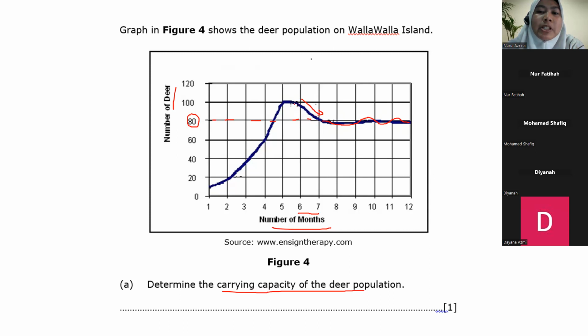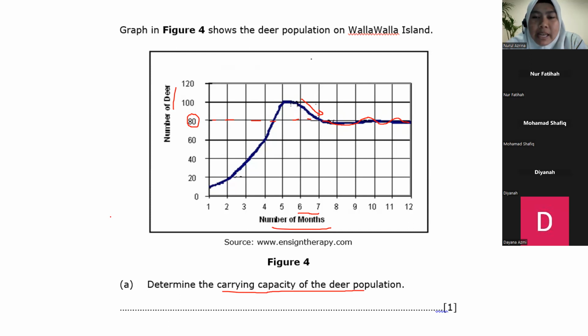So what caused the population to decrease slightly between month 6 and month 7? What do you think the factor is? At month 6, the deer there were already about 90 over. Carrying capacity is 80. Then what caused it to reduce slightly and go back to around 80?